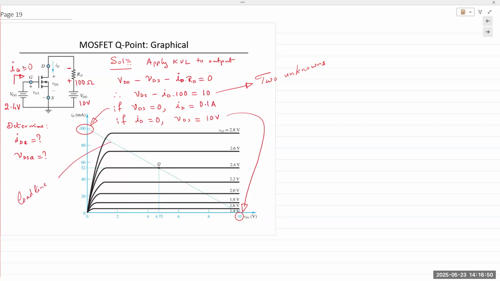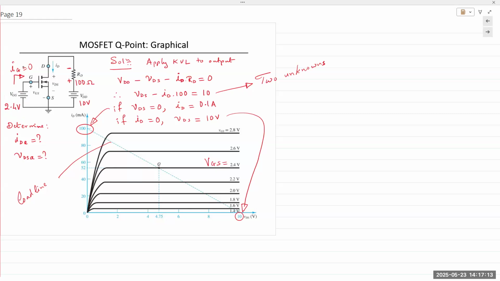Now we look at VGG. VGG is 2.4 volts. So we look at the plot for 2.4, which is right here. Now, these are different values of VGS. Again, in a BJT, we had different values for IB, the base current. Here it's VGS.